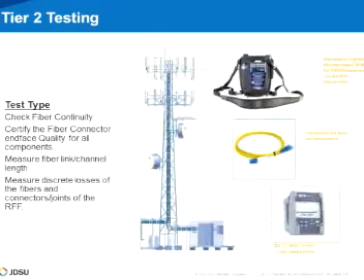With Tier 2 testing, you can pinpoint the weakest link, and with degradation over time, that 2.5 dB connector will cause trouble down the line. That's why some of the service providers require the OTDR test as well. OTDR is used for troubleshooting because it can easily point out where the problem is, versus Tier 1 testing with the power meter and light source, which is just a pass-fail check.